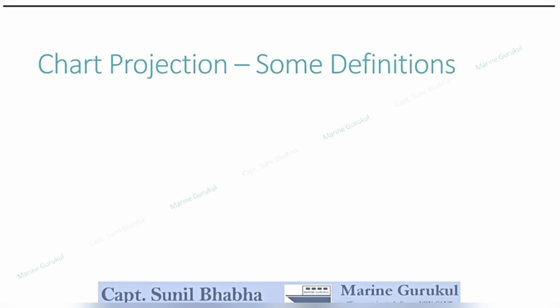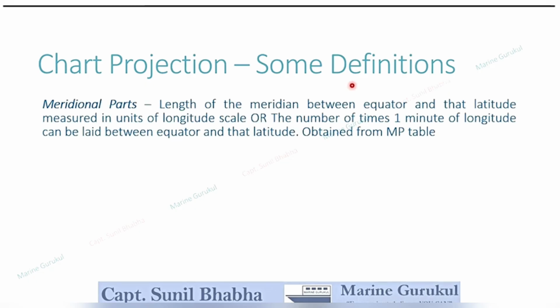Now, before we go into the numerical, let's first understand some of the basic definitions. They really help us in understanding the concepts as well as in the numerical also. The first definition is meridional parts, in short also known as MP, Mike Papa. So what are these meridional parts?